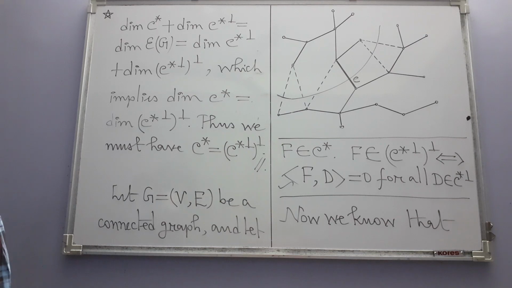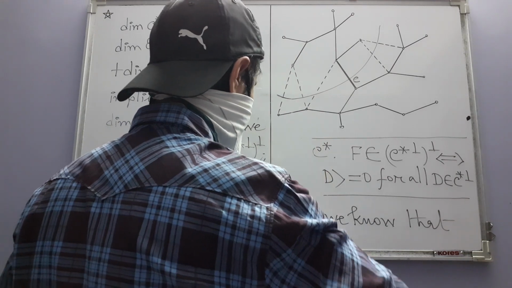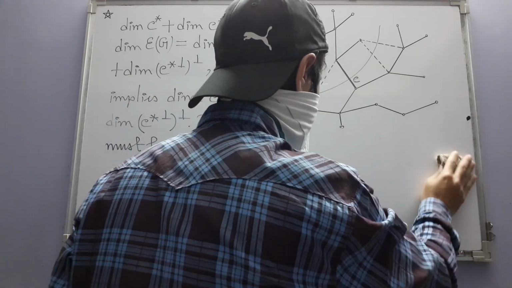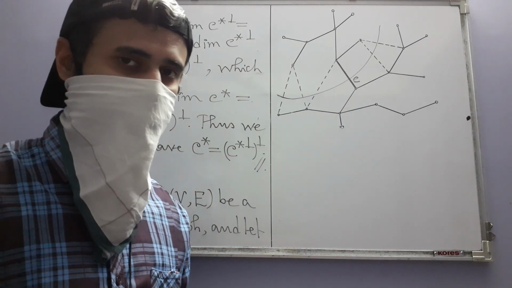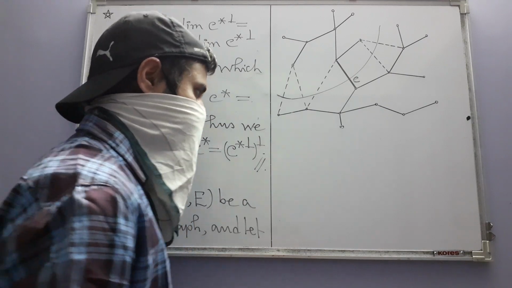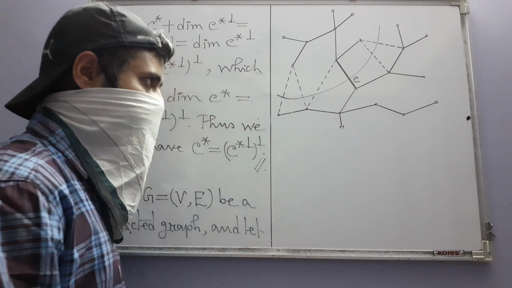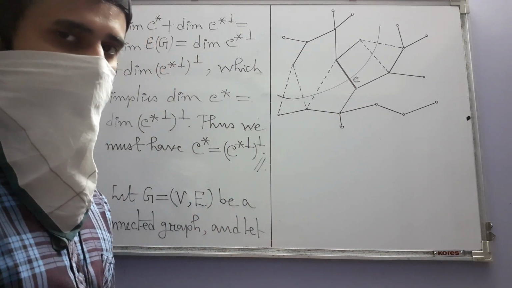And in this connected graph, we are going to consider a spanning tree. We already know from our study about trees that such a thing always exists in any connected graph, and not just a spanning tree, but a normal spanning tree with any vertex as root.